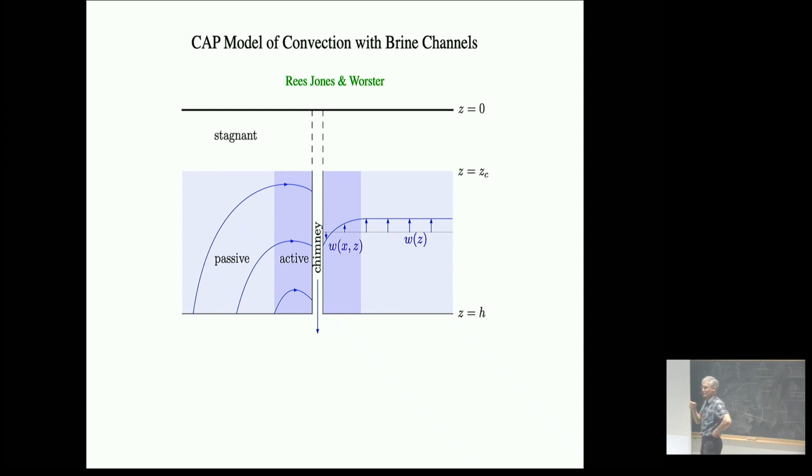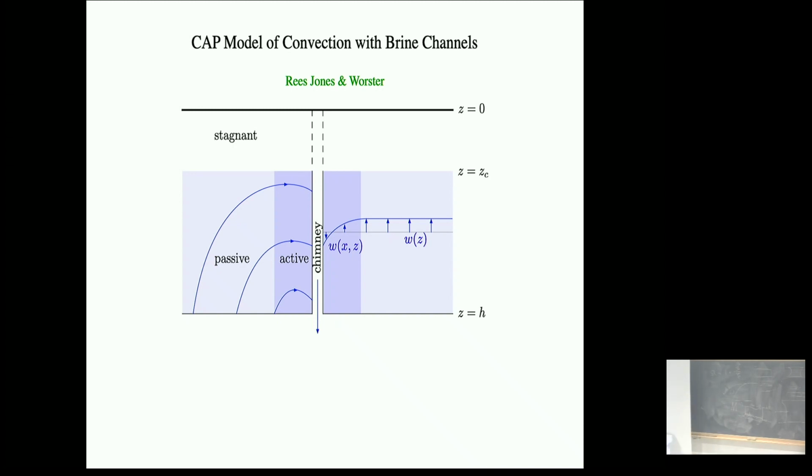In other words, where is the real driving force for convection? And the assumption had been that the engine of this system was what was happening in the brine channel. Turns out that the brine channel is just the tail of the dog, and the real engine is this active region around the chimney. And the chimney is a sort of rather passive manifestation of the downflow causing dissolution.